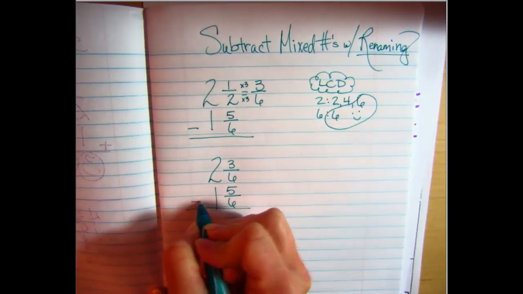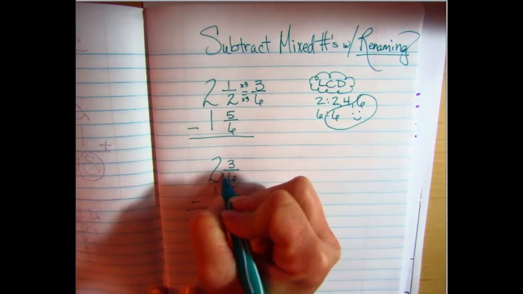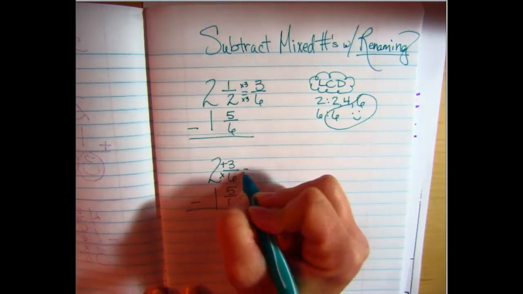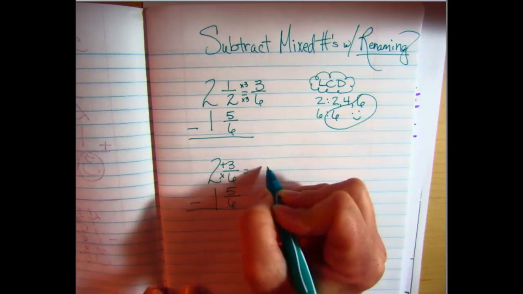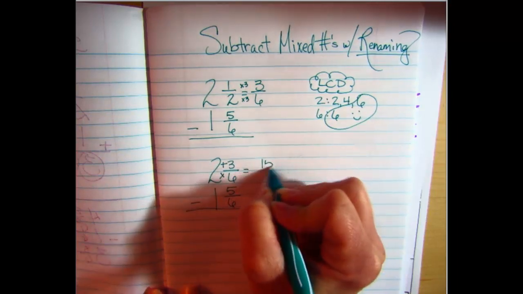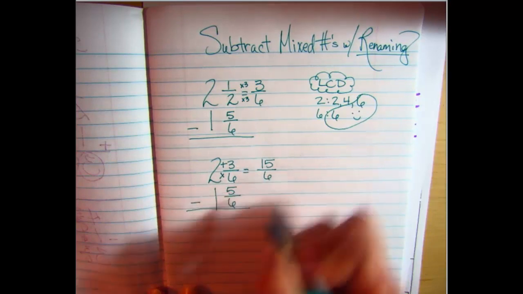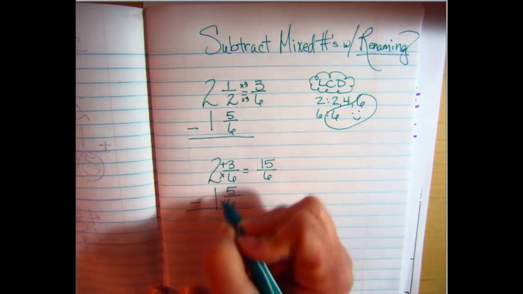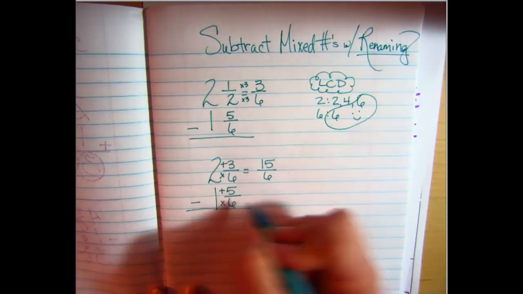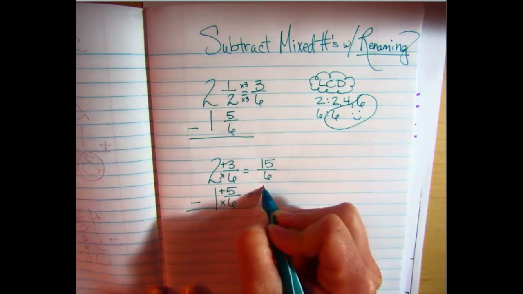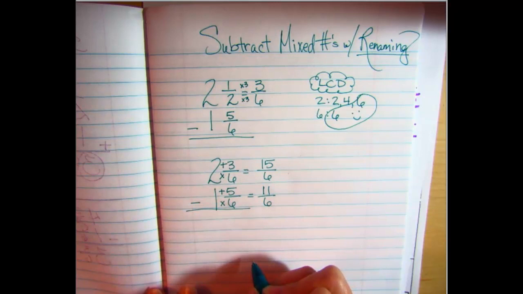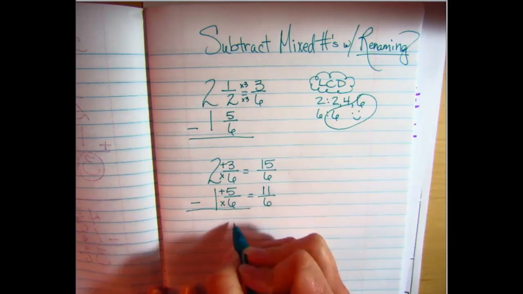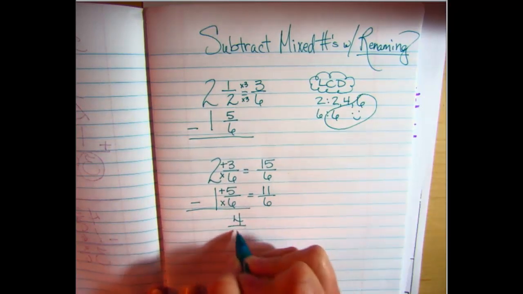The reason why I have you rewrite it is because you have to convert both of these mixed numbers into improper fractions. 6 times 2 is 12, plus 3 is 15. 6 times 1 is 6, plus 5 is 11. 6ths, good. Can I do 15 minus 11 now? Yes. Yeah, it's easy. I get 4/6.